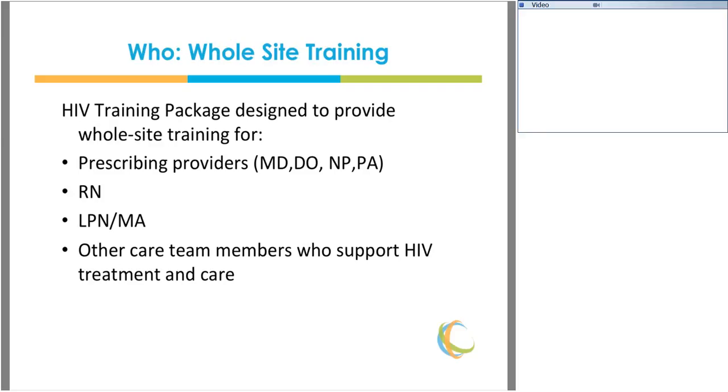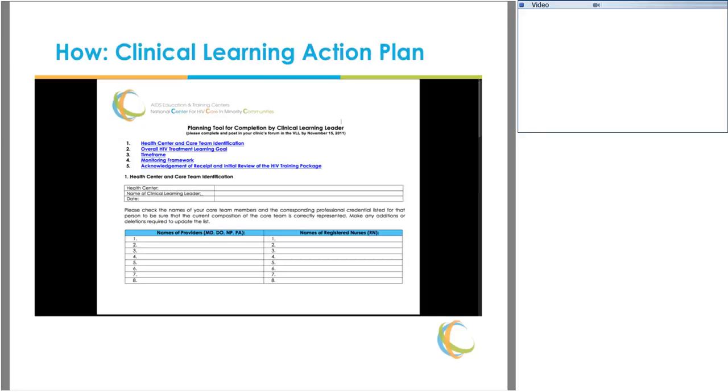Thank you, Brad. One of the first things that we want you to look at is the Clinical Learning Action Plan. As you can see right here on your screen, it's one of the first things, again, that we want you to review before any of the other resources. It's the only document that we've posted that requires a response from you and your team right now.